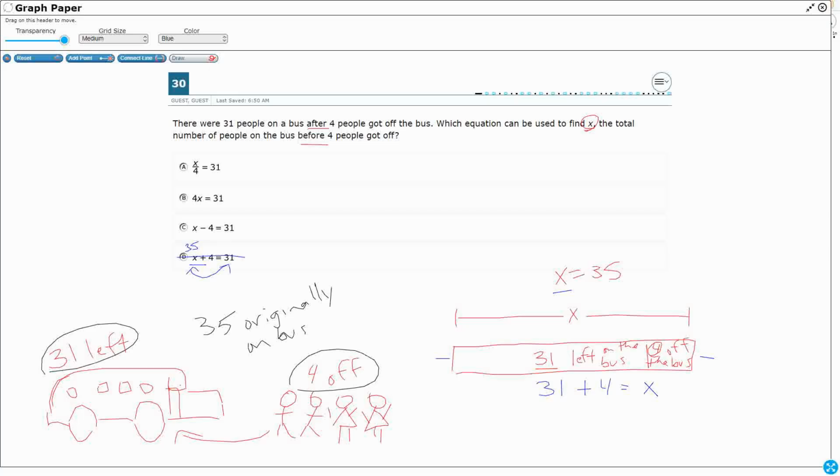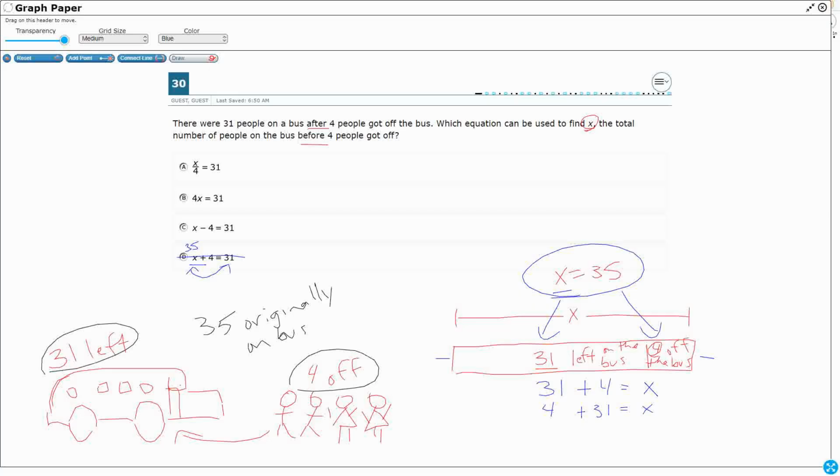So let's write fact families. Okay, so I can use fact family to say the other addition sentence is going to be 4 plus 31. Still don't see that. I can also write 2 subtraction sentences, right? You can always take your total, and then you can subtract one of the parts to get the other part, okay?